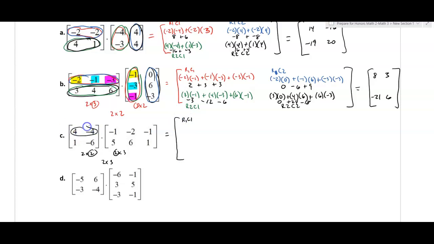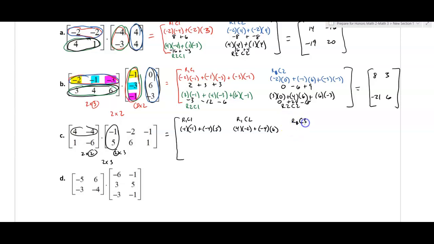So row 1 times column 1 would give me 4 times negative 1 plus negative 4 times 5. Then we're going to go row 1, column 2. So that would be 4 times negative 2 plus negative 4 times 6.